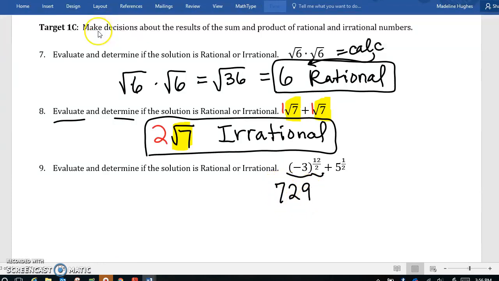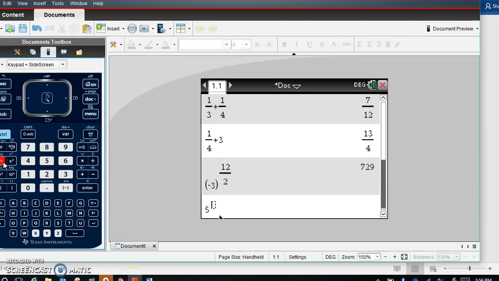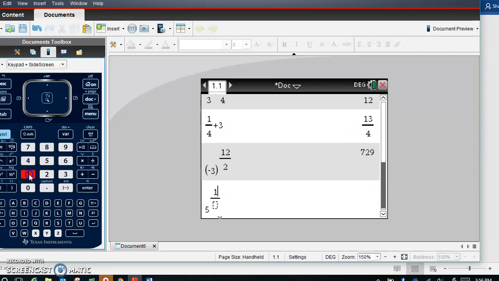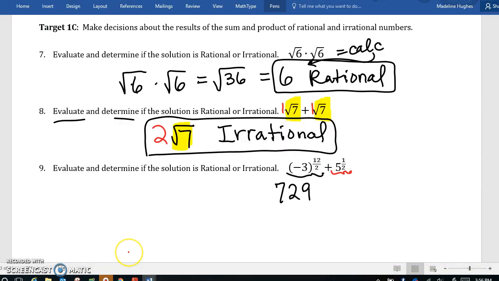I'm going to do the same thing, but I'm going to put 5 to the 1/2 power in the calculator. Hit enter. This is not a nice whole number. It doesn't simplify very nicely, so we're going to put it into radical form. We're still going to have plus, but instead we're going to put it in radical form, where 5 is the base, so 5 goes underneath the radical.